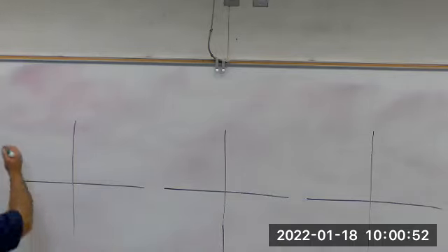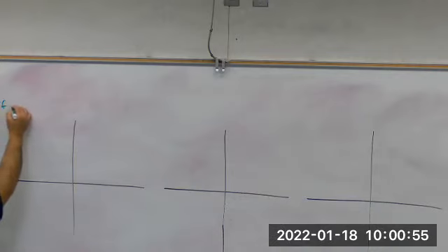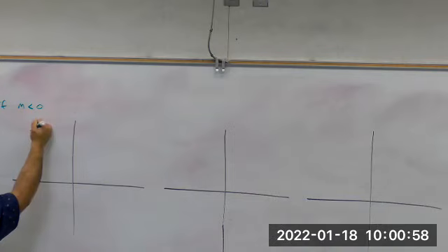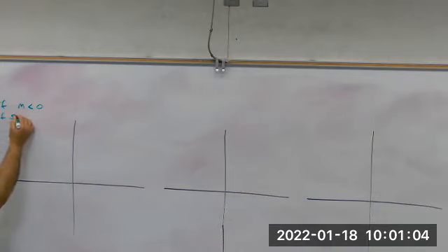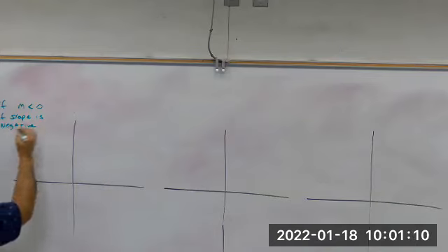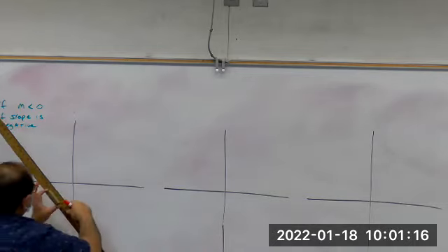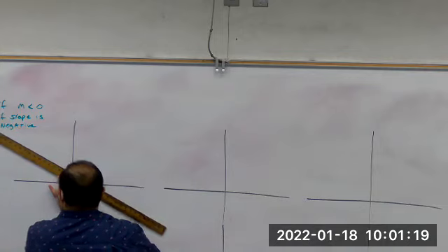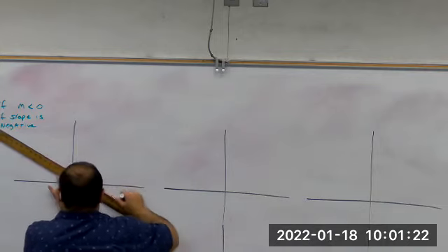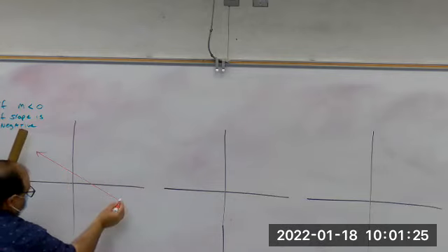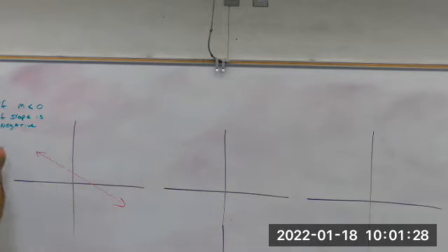If it looks like this, if the slope is less than 0, if the slope is negative, from left to right, we say that this line falls from the left to the right.